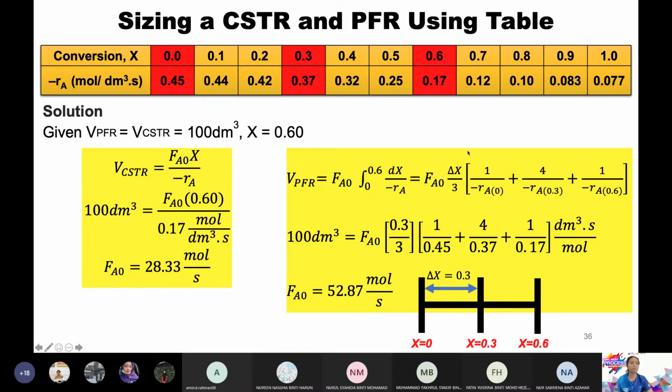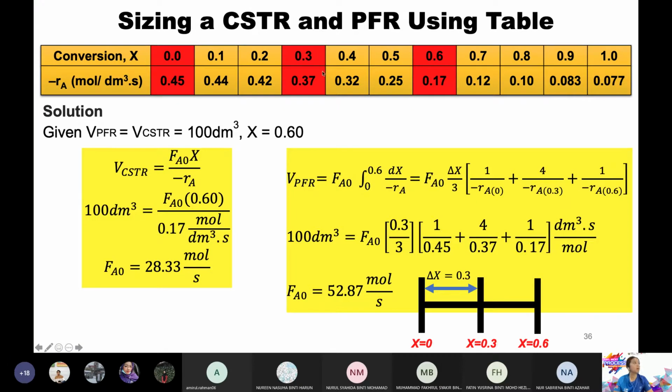So divide by 3. Then the 3 points in the bracket. So the first one, 1 per minus RA when my X is 0, because my bottom limit is 0. So when my X is 0, my minus RA is 0.45. So 1 per 0.45 plus 4 per minus RA at my middle X, which is 0.3.